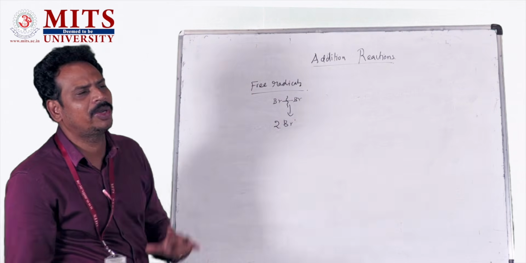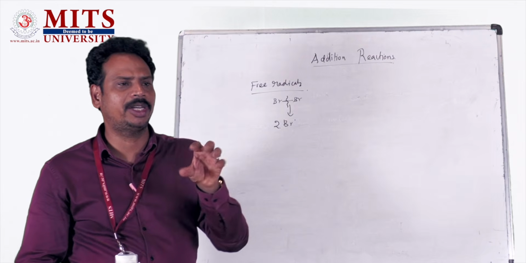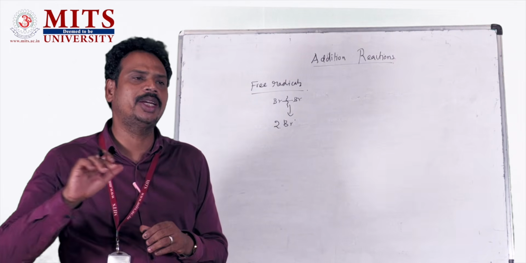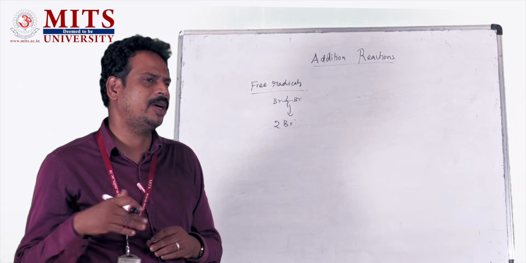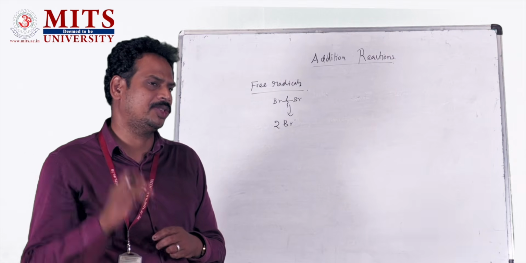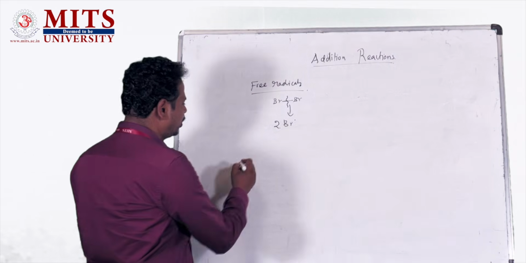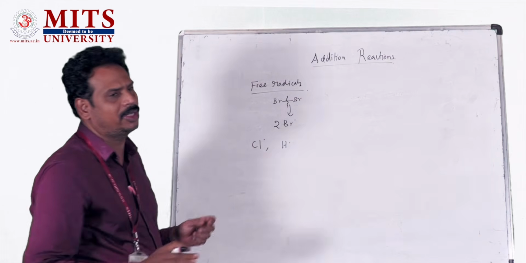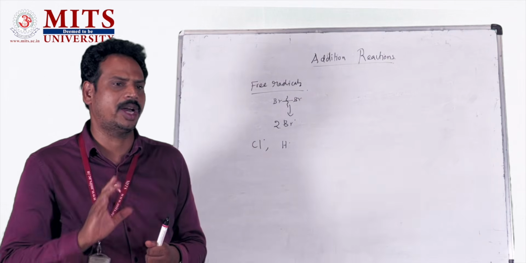This is called a free radical, an atom having only one electron, usually obtained by homolytic cleavage of bonds. Examples are Br dot, Cl dot, and hydrogen dot. These are all called free radicals.